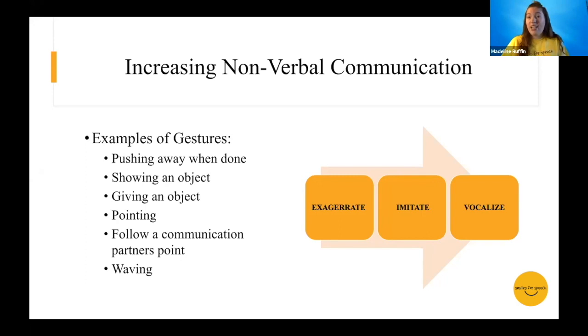So I'm going to start by exaggerating my nonverbal communication by also putting my hands up. I'm going to imitate his and put my hands up as well. But then I'm going to vocalize with it. I'm going to say up. I want to come up when I say that. And so I'm going to build on those skills in my student together.